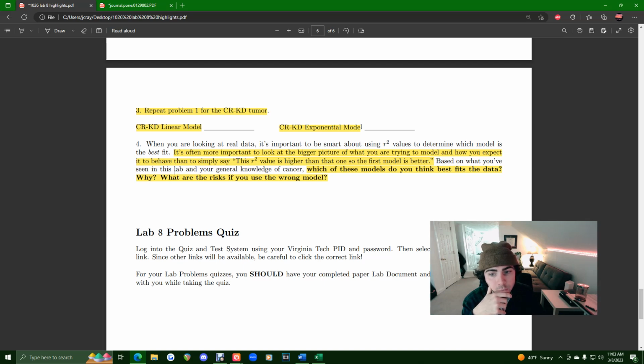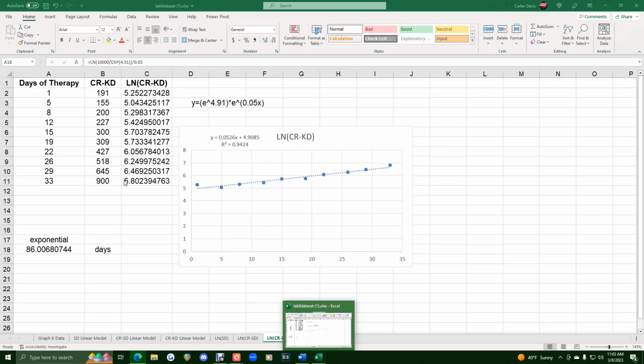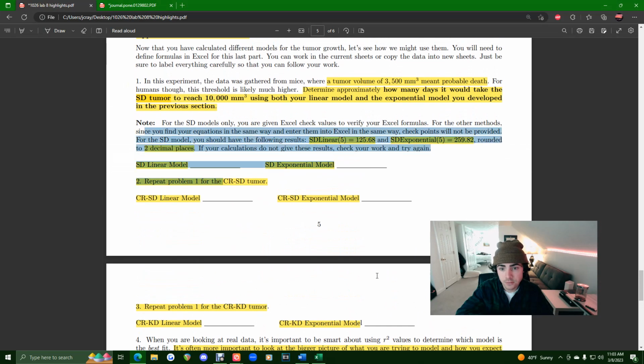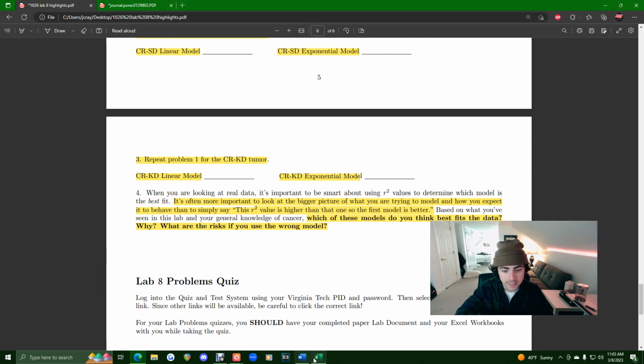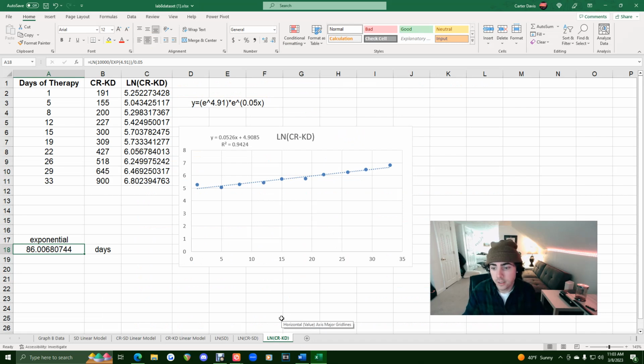So based on what you've seen in this lab and your general knowledge of cancer, which of these models do you think best fits the data? Why? What are the risks if you use the wrong model? Now, wow. Okay. I'm going to first go off of the number of days it takes to hit 10,000, so I'll probably start there.